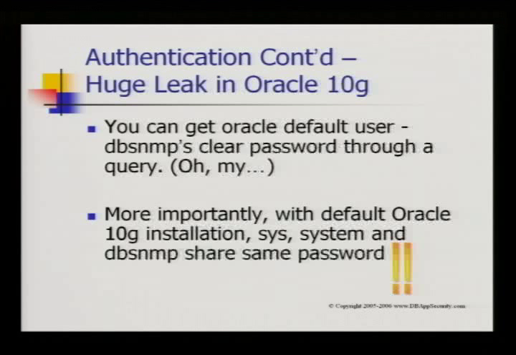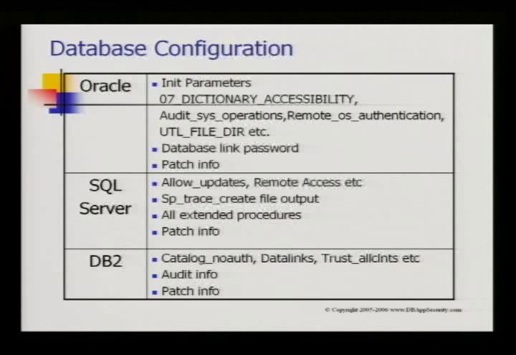So once you know the DBSNMP password, you will know the SYS and SYSTEM. Think about it. Database configuration, init parameters, many parameters auditing, for different databases, for different contexts and policies.